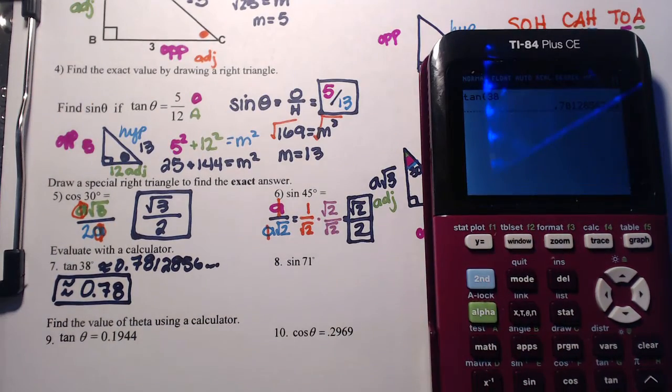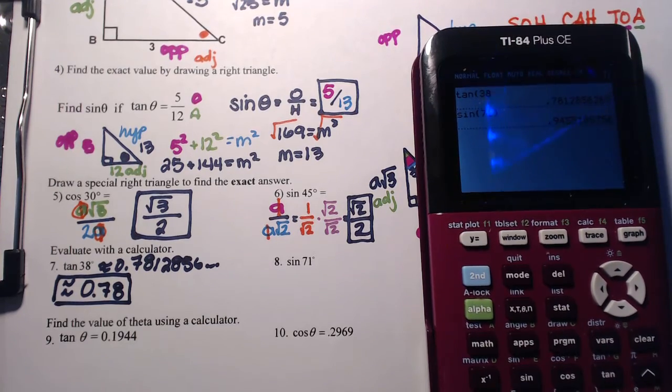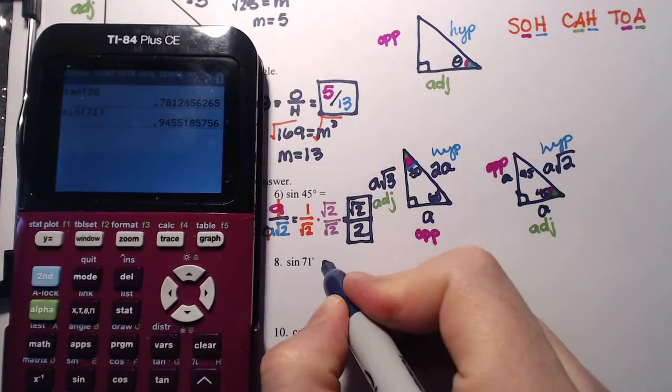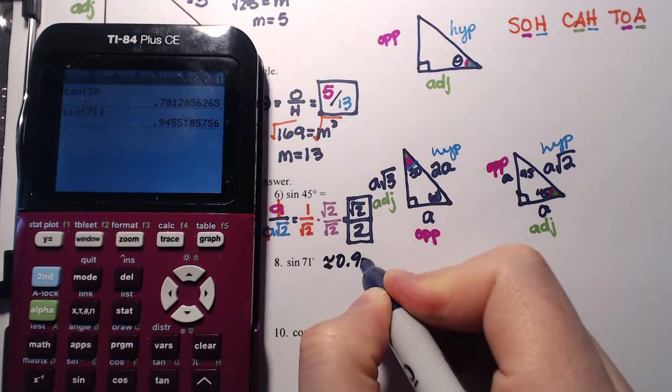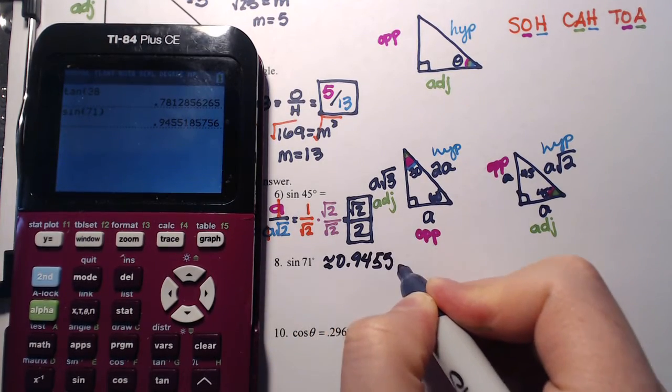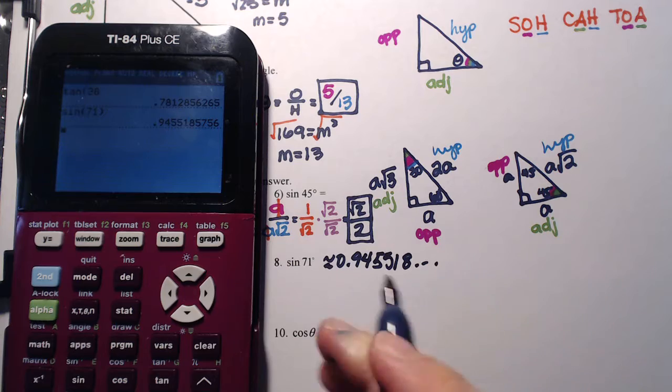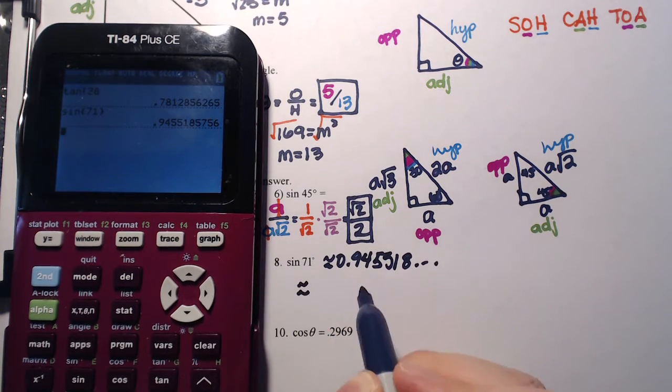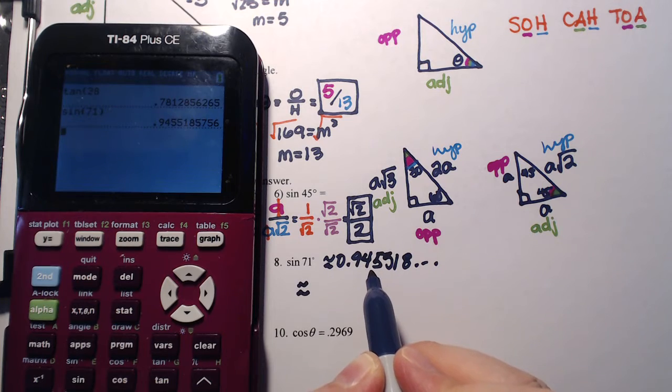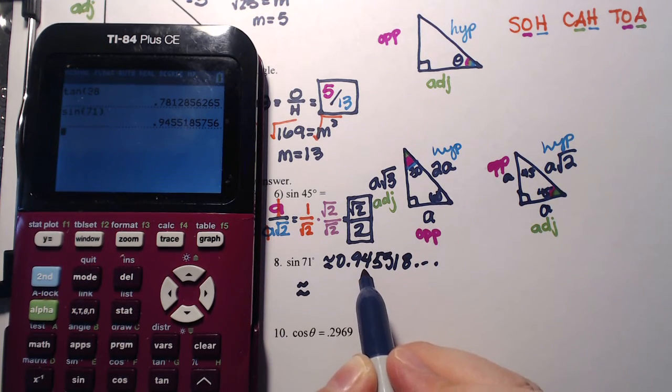So then sine of 71, so again, if that is 0.94518 stuff, when I round this to the hundredths, tenths, hundredths, so the 4, I look over here, 5 is bigger than or equal to 5, so I have to round up.